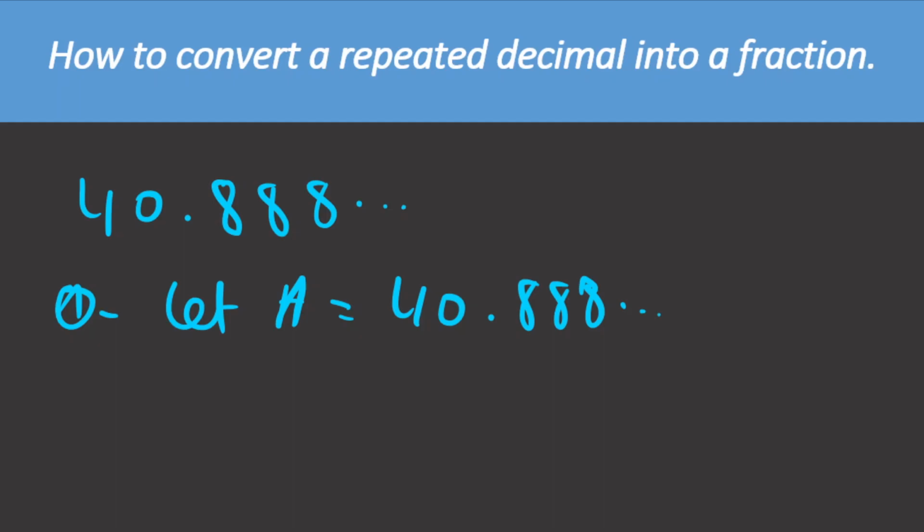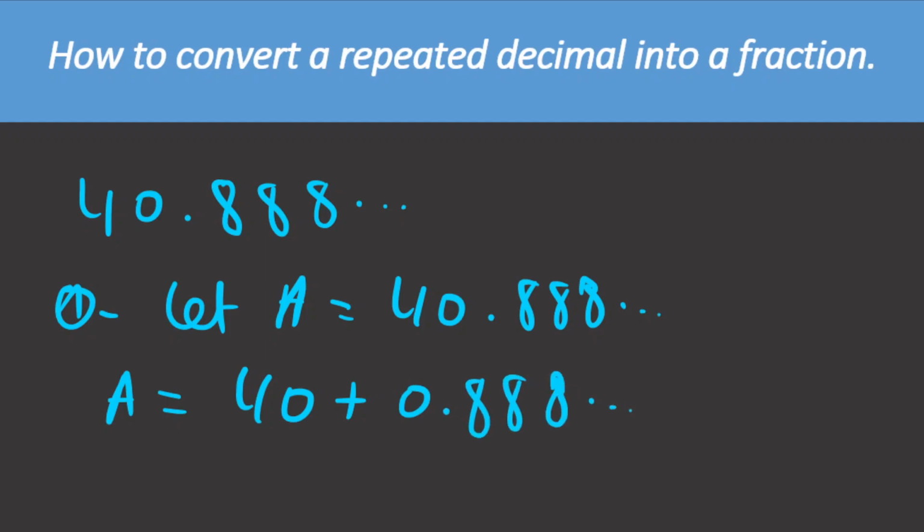To split it, we need to write the number as a sum. So a is equal to 40 plus 0.888 and it does not end.